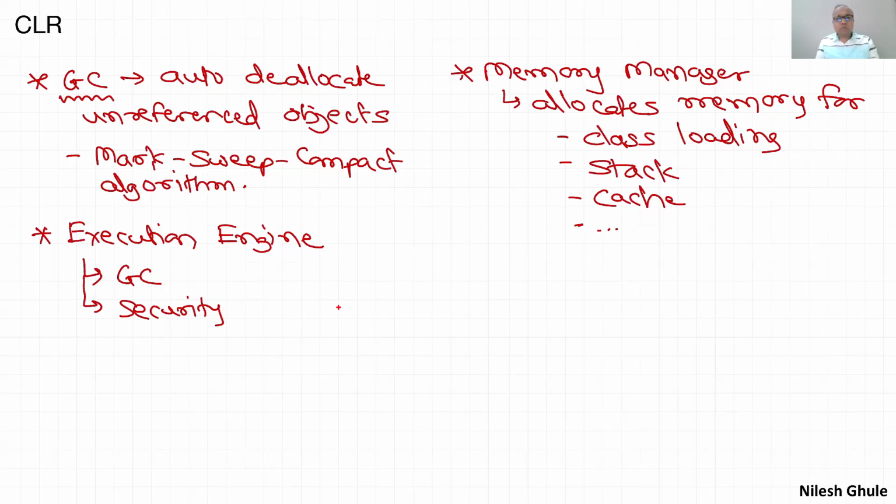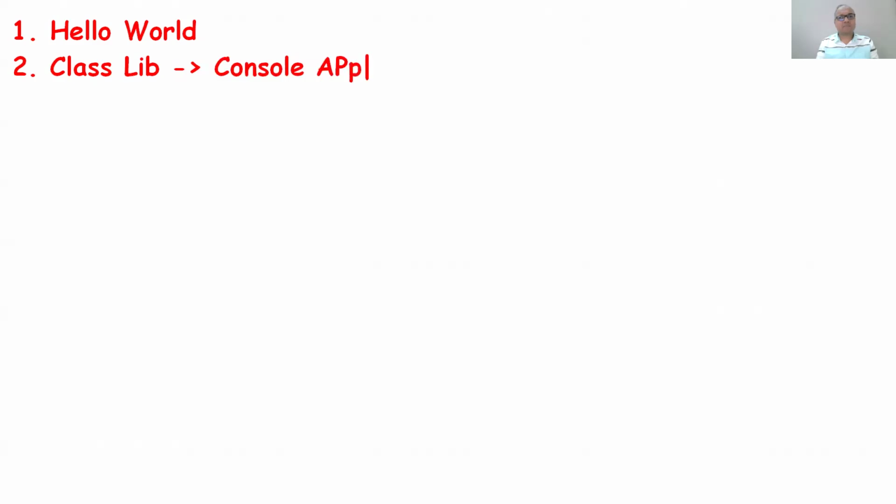Now that you have understood some basic background of .NET, it's time to deep dive into these concepts. Today, we will first try to understand the Hello World application. I will explain the code briefly. Then I will also show you how to create a class library and access it in a console application.